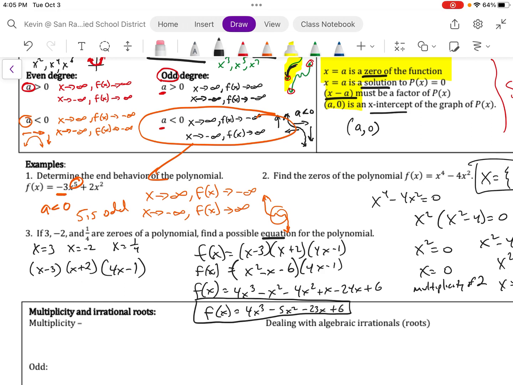It said equation, but I wrote it as a function. The reason it says possible is that we're assuming a is 1. We'll see later on that there's actually an a out front. In this case, that a was 1, and so it fit like that. There could be other values, so there could be other equations with the same zeros.